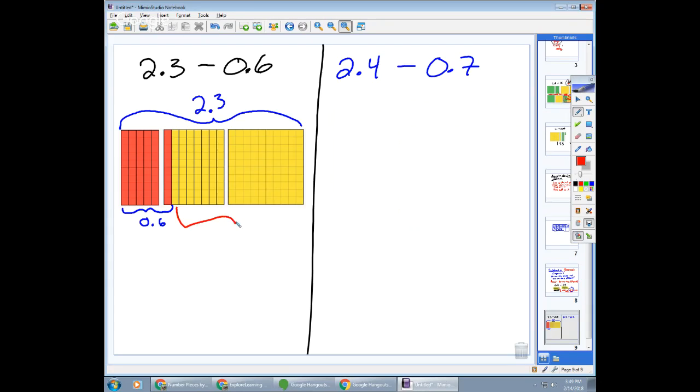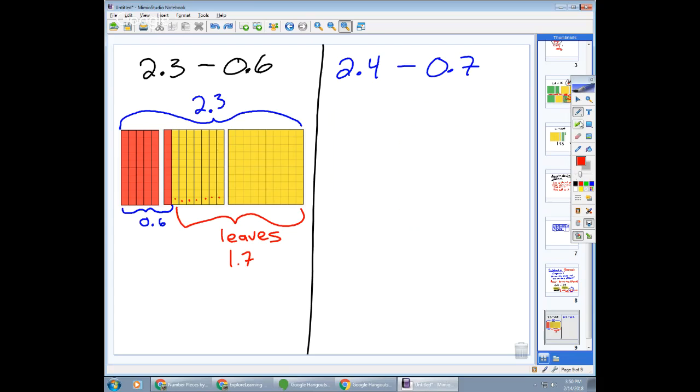And then that leaves 1, 2, 3, 4, 5, 6, 7. 1 and 7 tenths. I wrote numbers just like I thought them. There we go, 1 and 7 tenths.